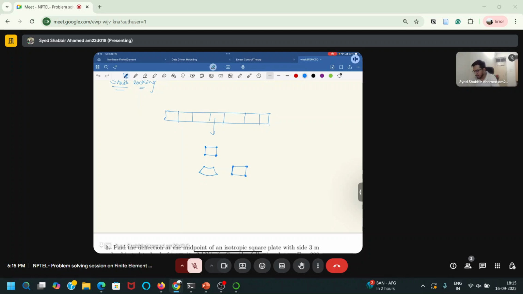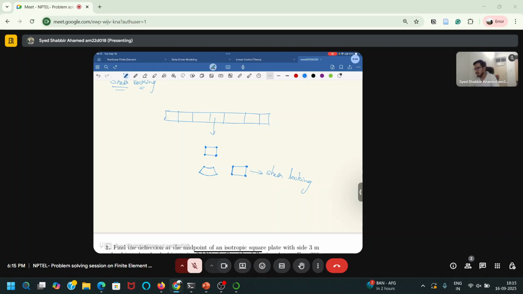Let's say you still want to maintain a four-noded element itself and get a solution which avoids this shear locking. Then there are a few tricks of the game, or a few tricks in the finite element method, which we can use to achieve that.